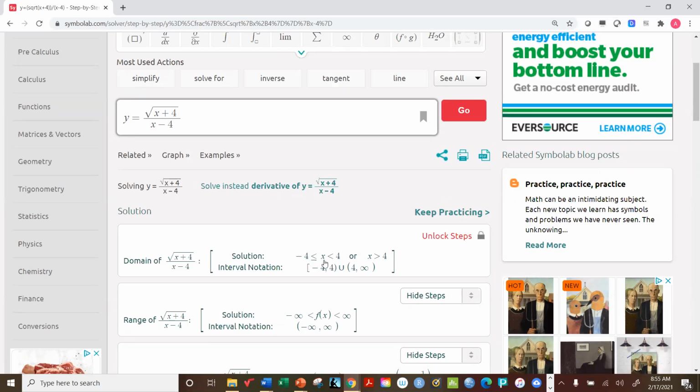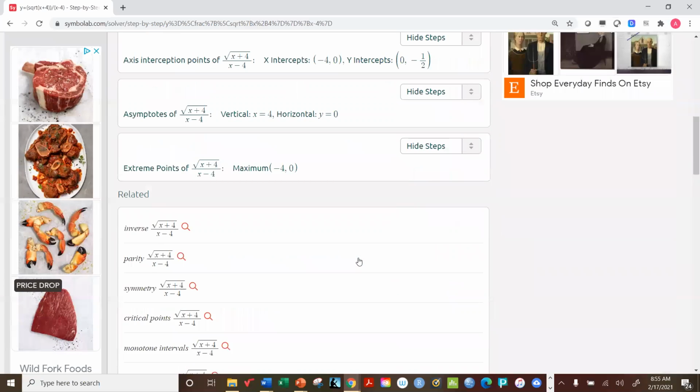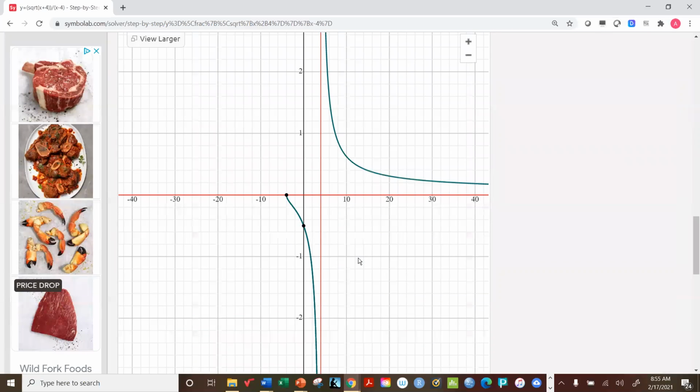And up here, what they're doing is they're using a slightly different approach. They're saying we've got everything from -4 up to 4, not including 4, because this is a strict inequality, and then strictly greater than 4. All right, and the graph, woohoo, that's a weird graph.